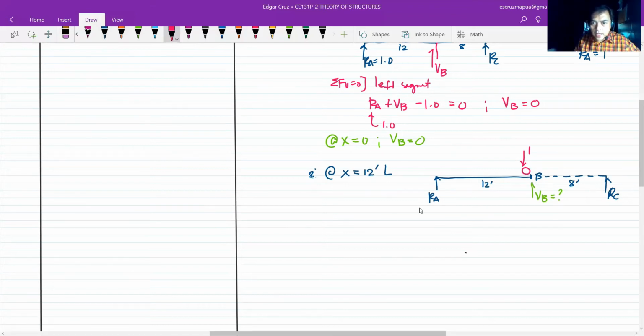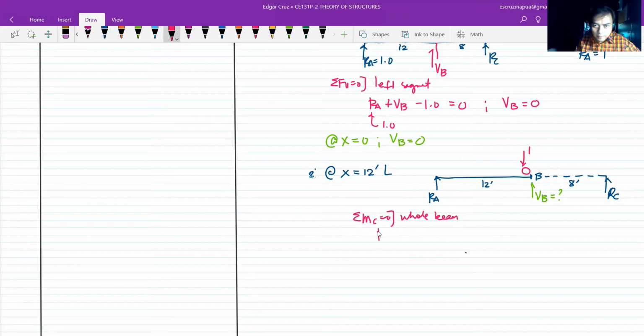So ano ang reaction sa A? So pwede tayo summation tayo kunwari sa C equal to 0. Yung buong frame, whole beam. Okay, so that would be RA times 20.